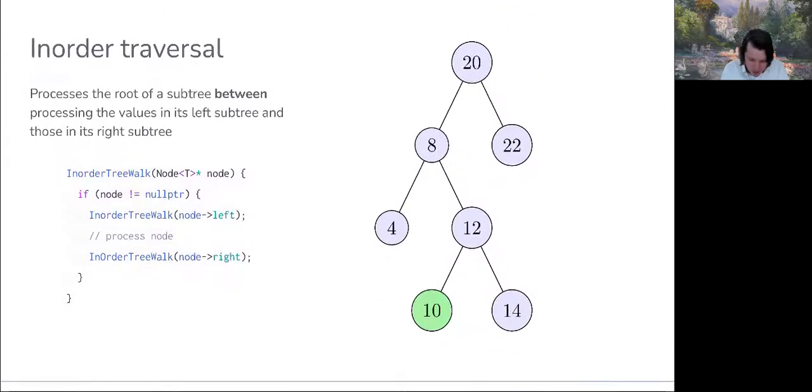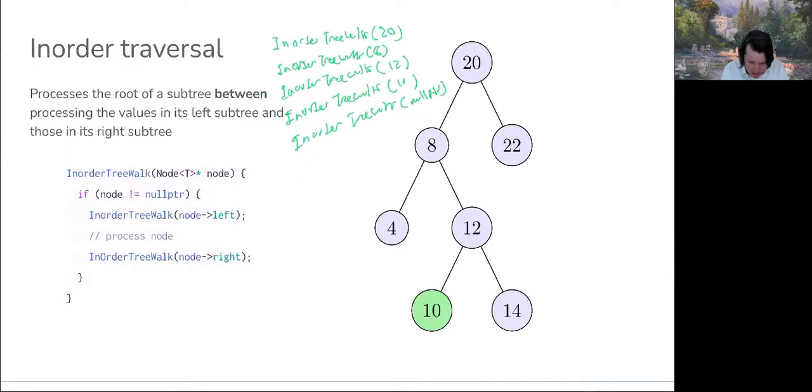Now we're going to arrive back because the activation record for that function invocation is going to be removed from the stack. We've just done that. Now we're going to process the node. So if we were just writing out the node key values to standard output, we'd have 4, 8, 10 so far. Pretty cool, eh?